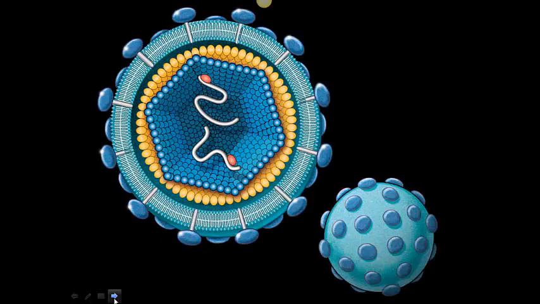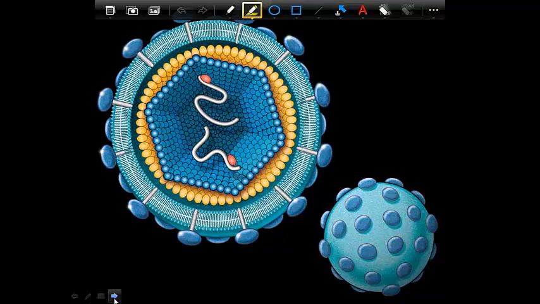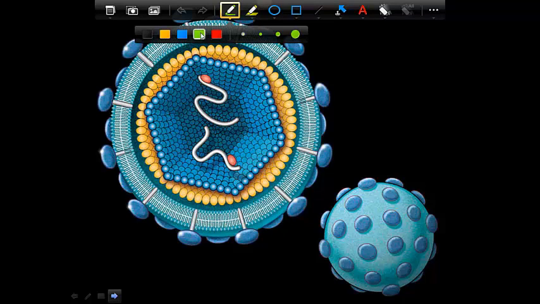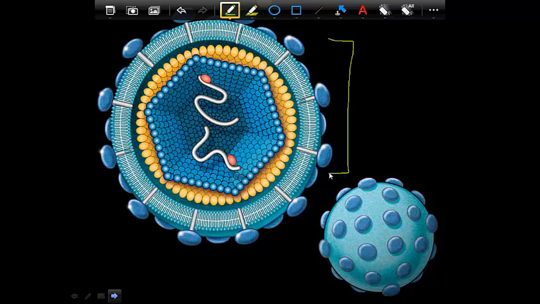Here's an example of a virus and what you might find. They come in all shapes and sizes. This is just kind of a generalized one, so I wanted to point out to you some of its parts. First of all, the outside here, that we're seeing with all these little bumps on it, and then some of these round shaped structures around here, all of this is that protein coat.